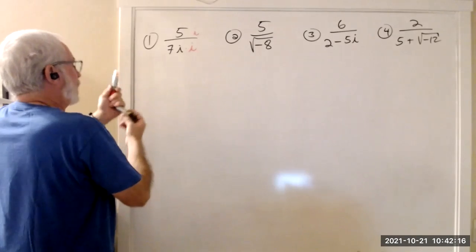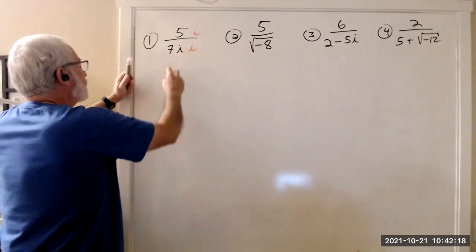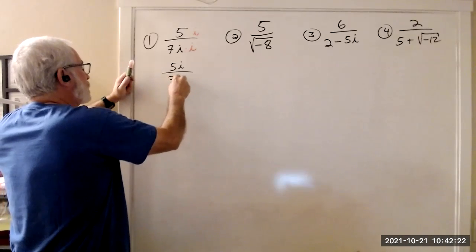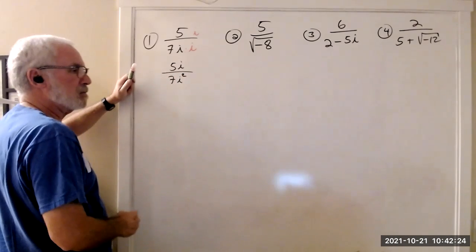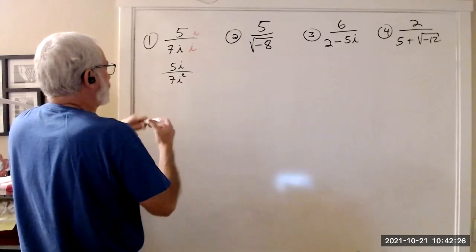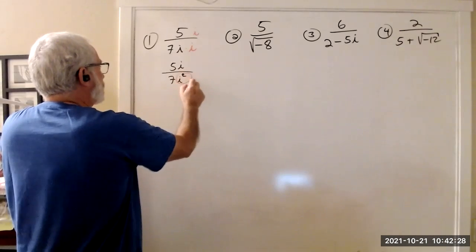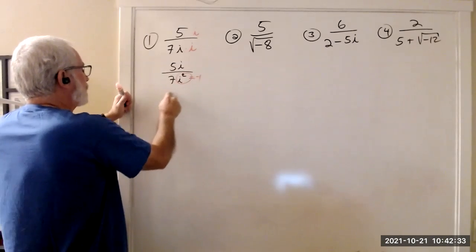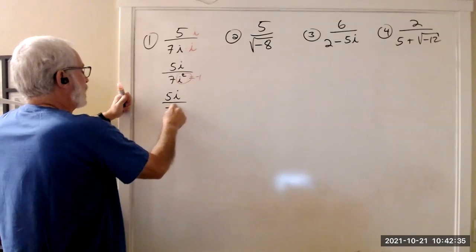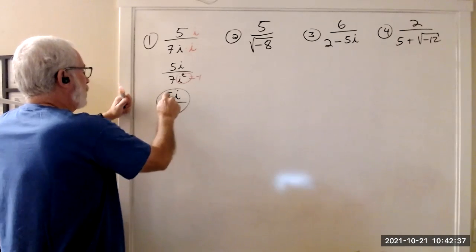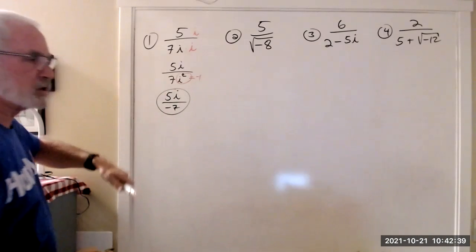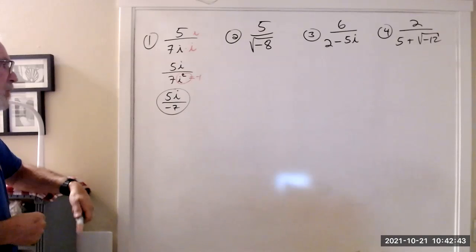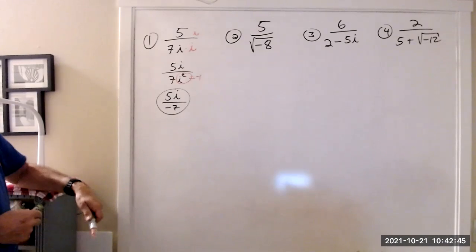That gives me 5i on top, 7i to the second on bottom, but i to the second is negative 1. So this is 5i over negative 7. Again, we've talked before where you can slide that negative if you want to put the negative on top, bottom, out in front, but that's the correct answer.